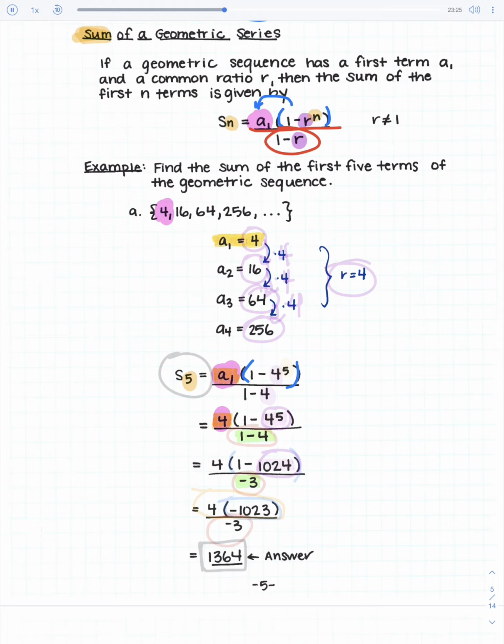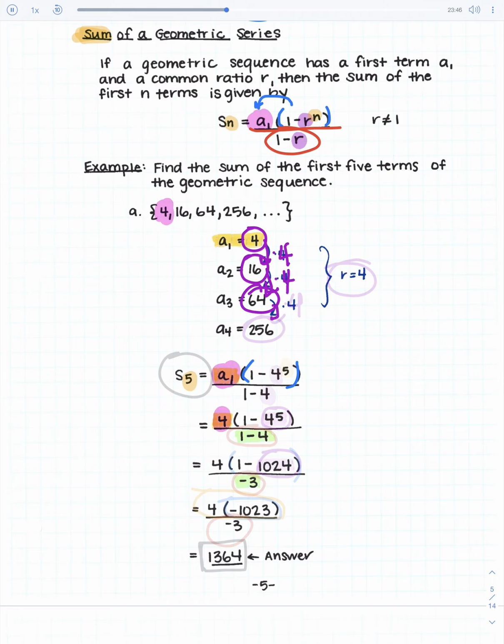Remember, our r, our common ratio, is determined by how we get from one term to the next. To get from the 4 to the 16, they're multiplying by 4. Then to get from the 16 to the 64, they're multiplying by 4.